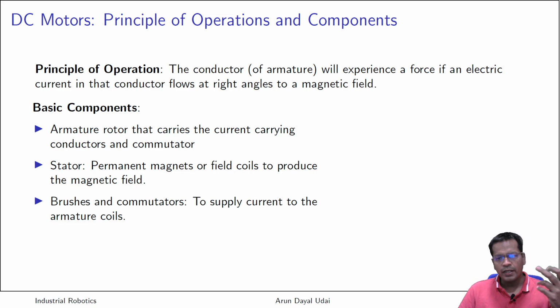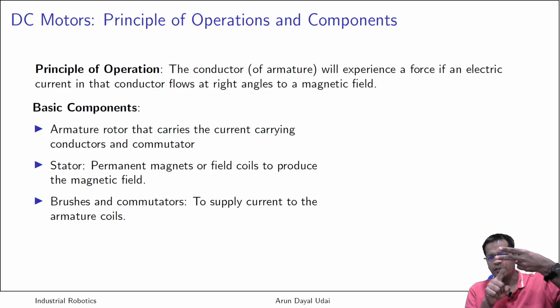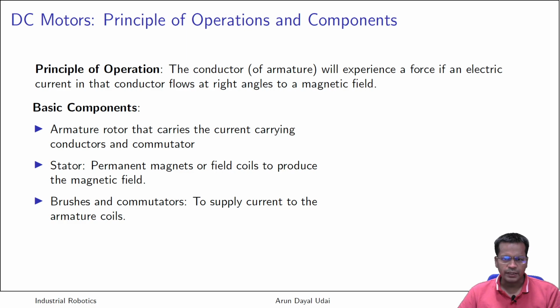If the current has to be changed in a rotating commutator, you need to have contact with this, sometimes with this. So it cannot be permanently soldered over here. That is done by using brushes. Brushes maintain contact with the rotating shaft. I will show you this armature once again, you will see that over here.